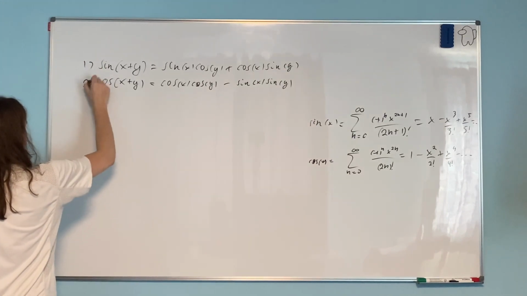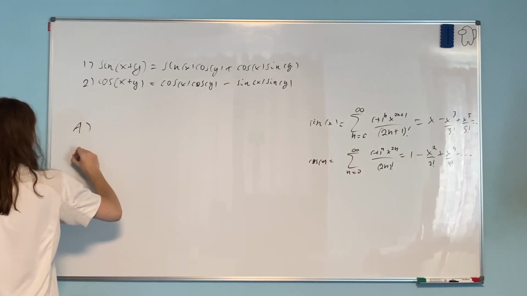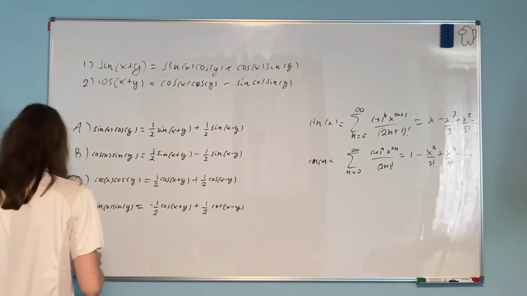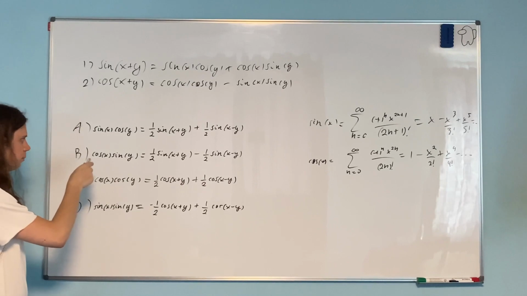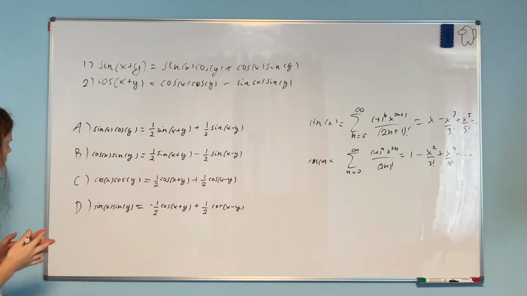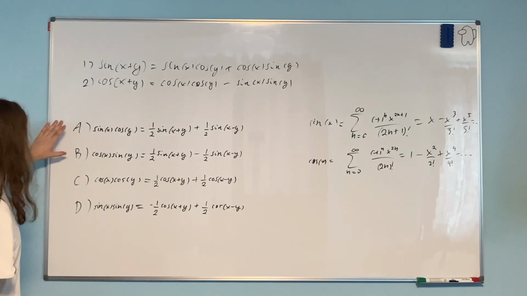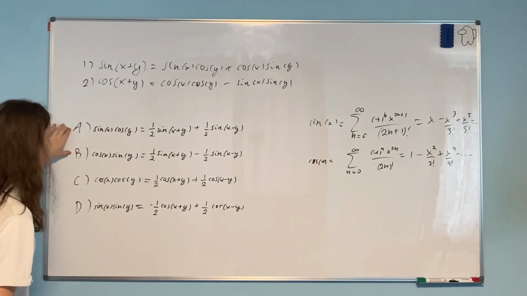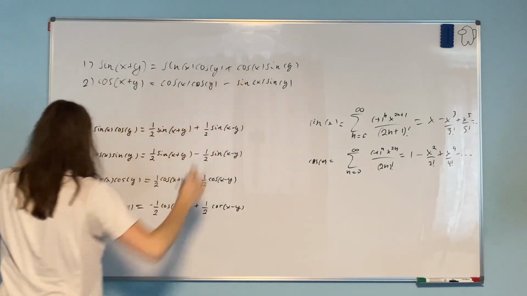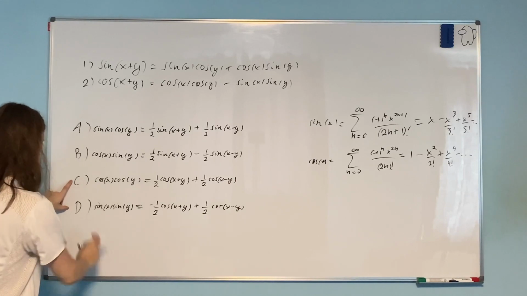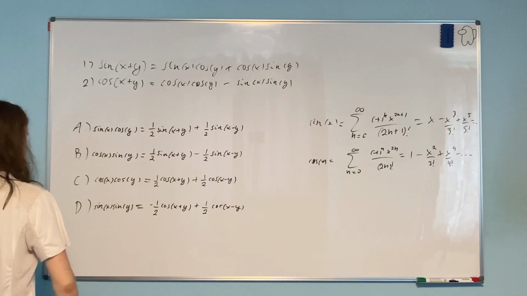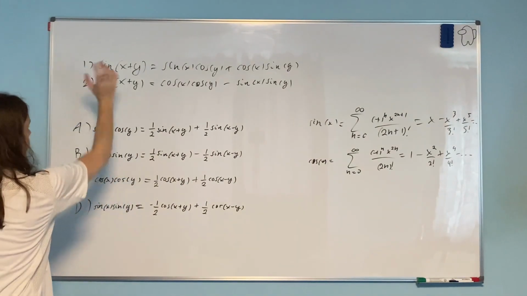Let me number this 1, 2, and we have some formulas we want to prove, A to D. These are the product identities for multiplying sine and cosines together, and it's not that difficult to see that adding A and B together would give us sine of x plus y, which is exactly formula 1, and likewise subtracting D from C would give us formula 2. So proving these is equivalent to proving this.